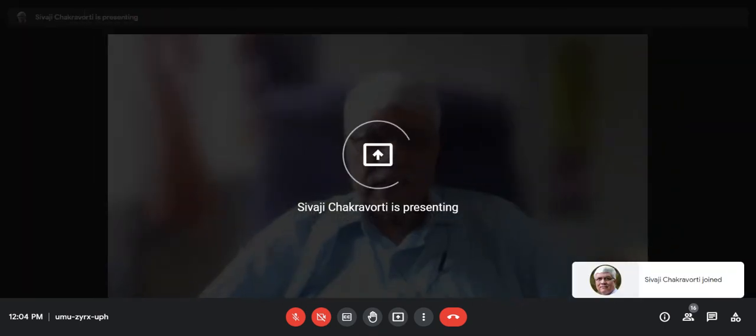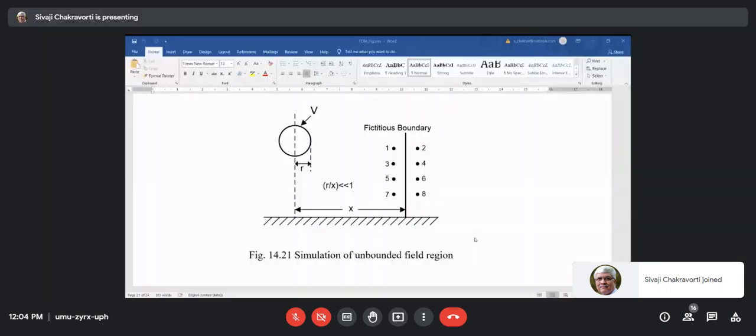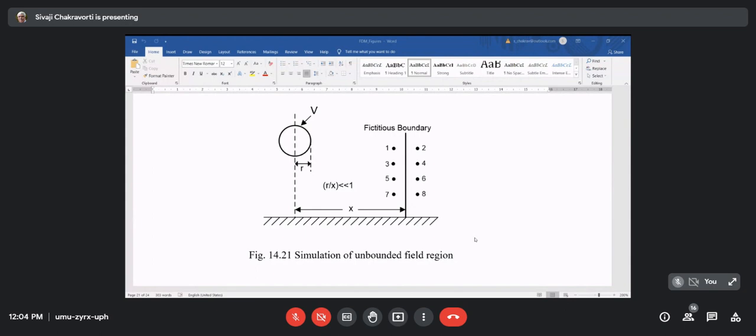In our previous discussion, I told you how we bring in the fictitious boundaries. This is exactly the explanation of those fictitious boundaries. Typically, say this is the electrode, whether it is a cylinder or a sphere, then we have earth, and this is an open-ended, unbounded field extending up to infinity. But we cannot solve up to infinity.